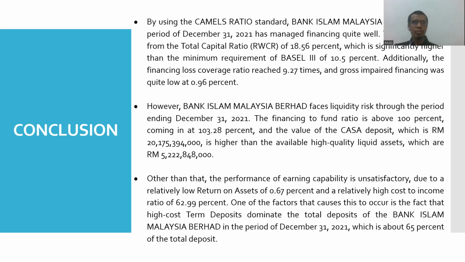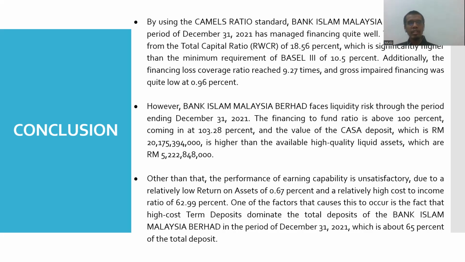Because this can be seen from the total capital ratio, the risk weighted capital ratio of 18.56%, which is significantly higher than the minimum requirement of Basel III of 10.5%. Additionally, the financing loss cost ratio reached almost 10 times, the exact number is 9.27 times, and gross impaired financing was quite low at 0.96%.